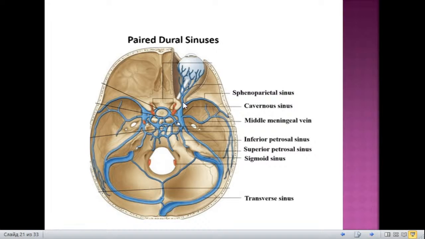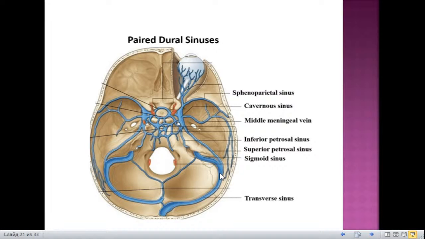Each sphenoparietal sinus continues with a cavernous sinus, but you need to remember that both cavernous sinuses are connected together with the help of the anterior intercavernous sinus and posterior intercavernous sinus. After that, cavernous sinuses drain into the inferior petrosal sinus, which drains into sigmoid, and into the superior petrosal sinus, which drains into the transverse sinus.